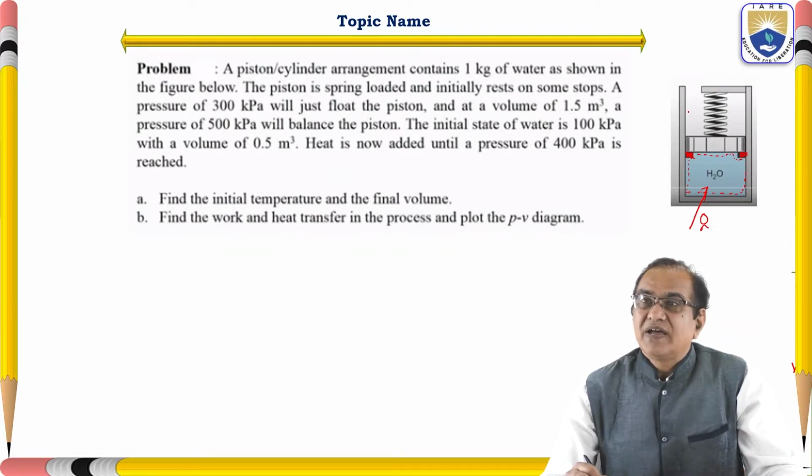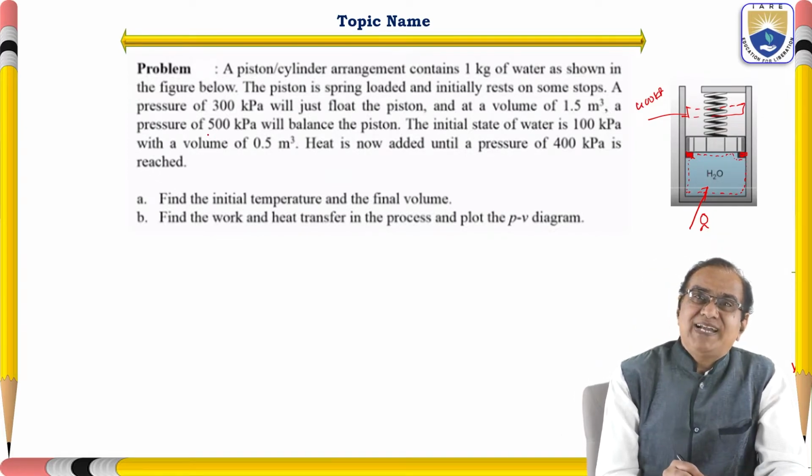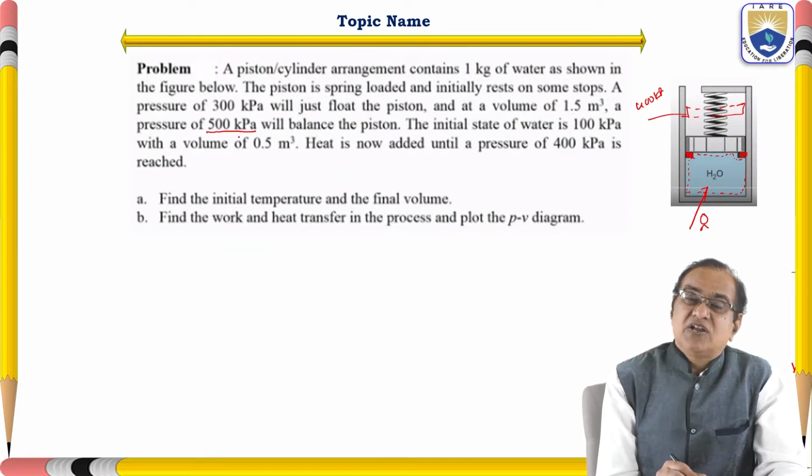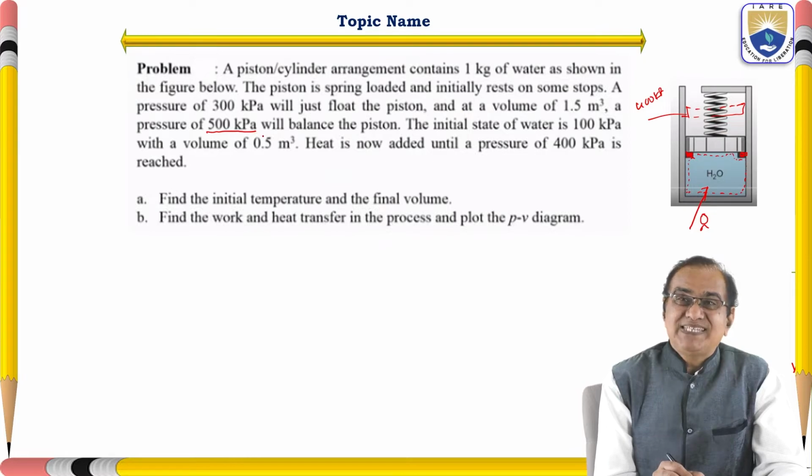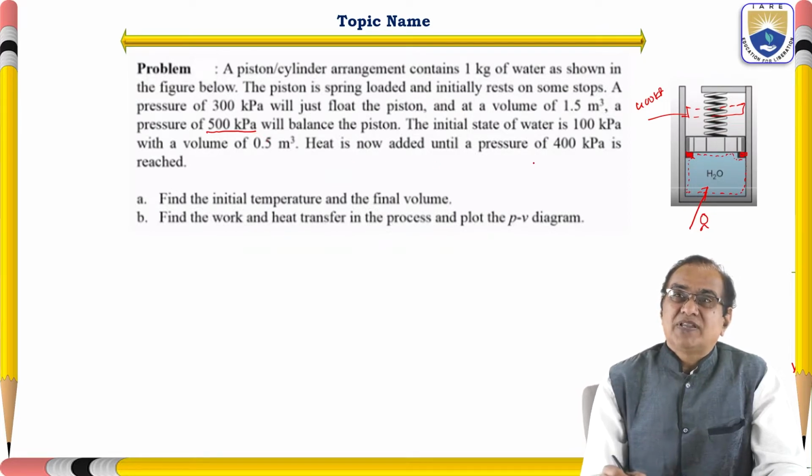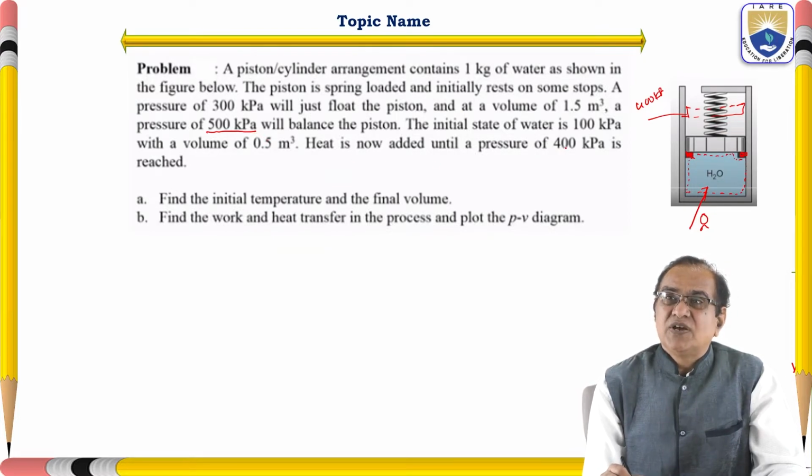So the next final state is here, and here it is 400 kilopascal. This 500 is not the final state. It is a hypothetical state to make it easy for our problem. The final state is 400 kilopascal.